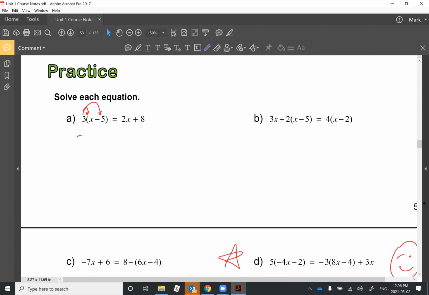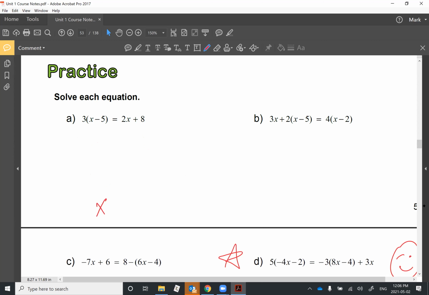So this becomes 3x minus 15 equals 2x plus 8. And guys, now we're done. Well, it's not easy, but now we're at the stage where all I have to do is rearrange the equation so that the x's are on one side. You'll notice that the positive 2x becomes negative. And here we go.